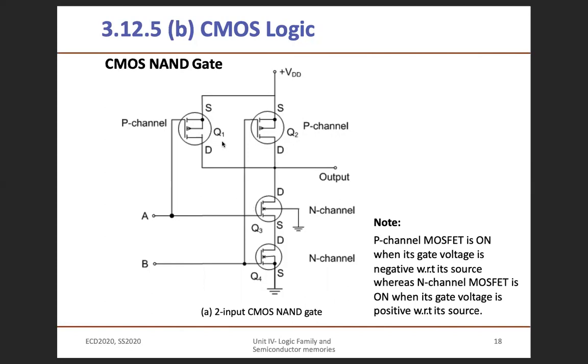Now you have Q1 and Q2, which are P channel, that is PMOS, and Q3 and Q4, which are NMOS.